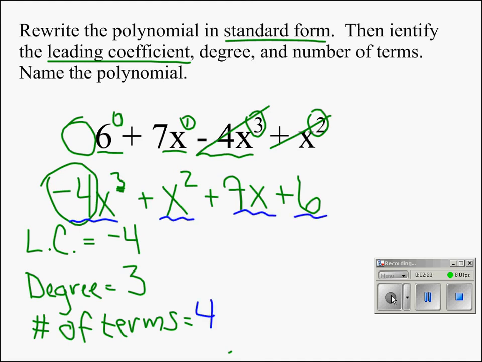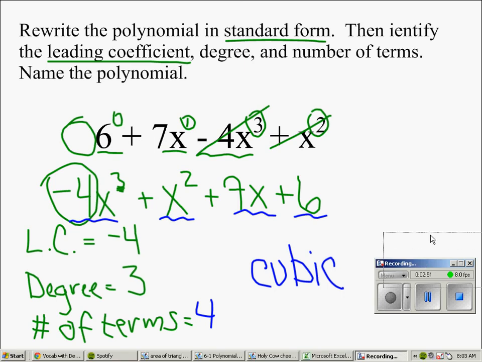So we have 4 terms. Name your polynomial. The way you name the polynomial is by the highest degree. So our highest degree here is 3, so that makes it a cubic. Okay, so that is how we do the first section, where we're just rewriting our polynomial and finding those important parts so we can talk about them as a class.